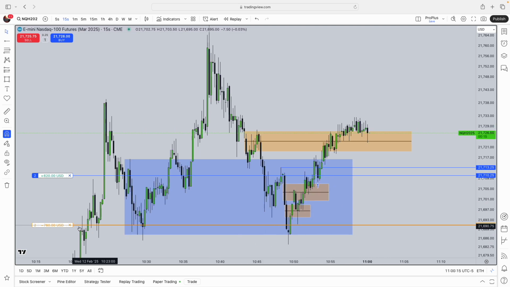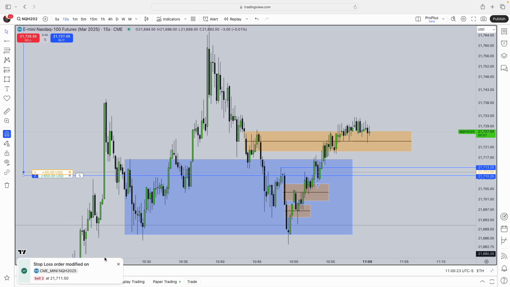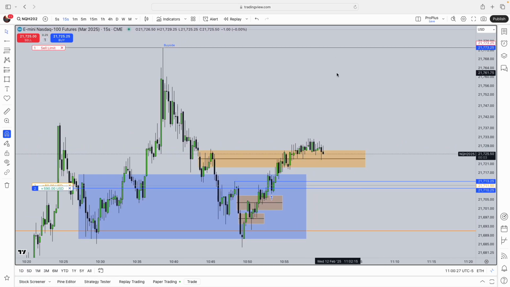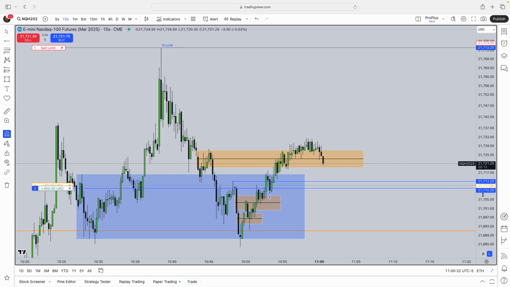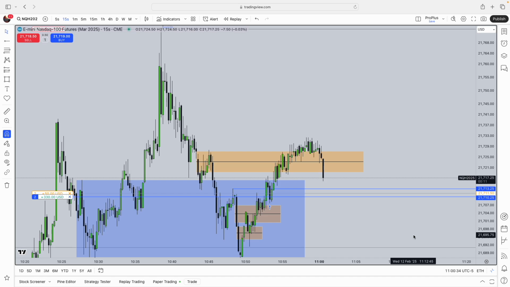If you want to just remove the risk, then you can just move stops to break even. I might even do so now, just to cover costs, and that's literally a risk-free trade. So price could easily run there now, or it could stop me out, but it's a risk-free trade now.